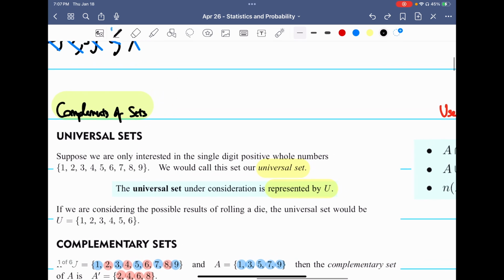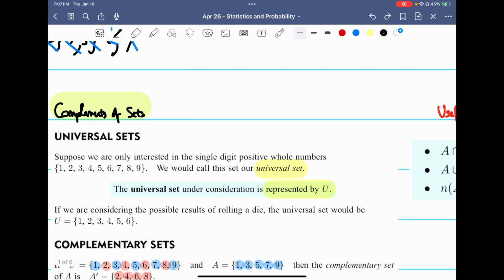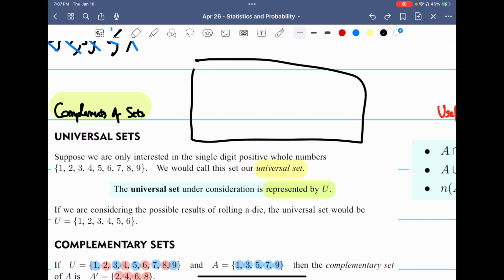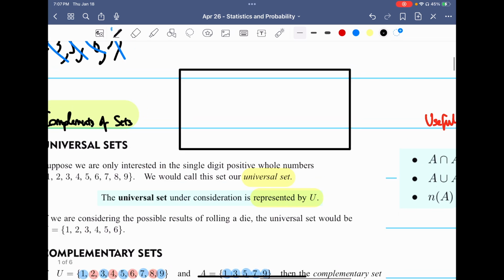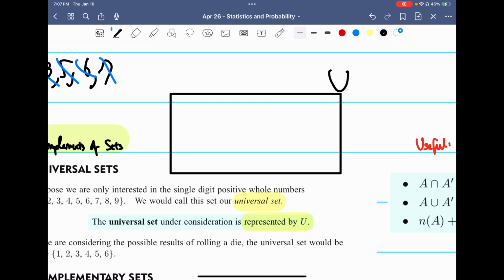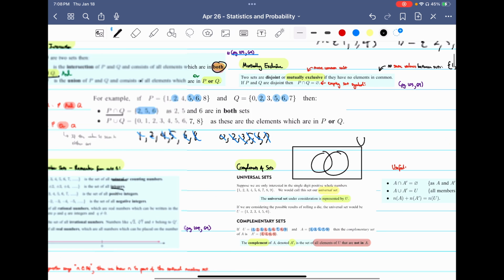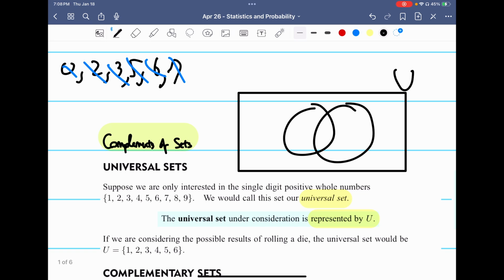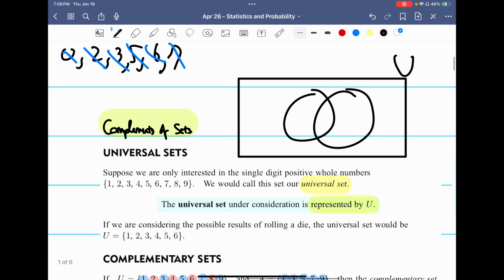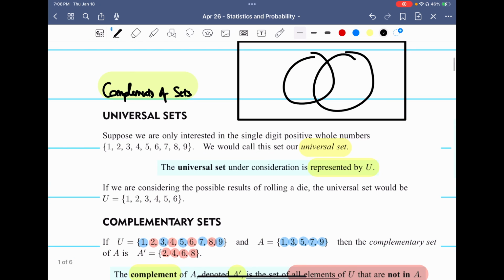So normally when we do these types of statistics questions, I like to express it in a box of the whole number series, and this is going to be U. And when we draw Venn diagrams, these Venn diagrams are going to represent the sets of numbers. I'll explain this more in depth as these are introduced later in this video. But basically, the universal set is all the set of numbers.